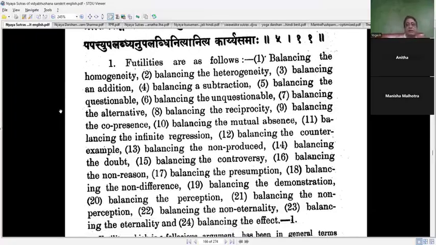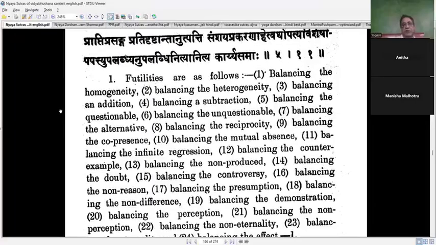So here you have to reverse it, because if you look carefully, can you see the portion where Nitya is in the second line? Before Karya Sama, Nitya, Nitya.